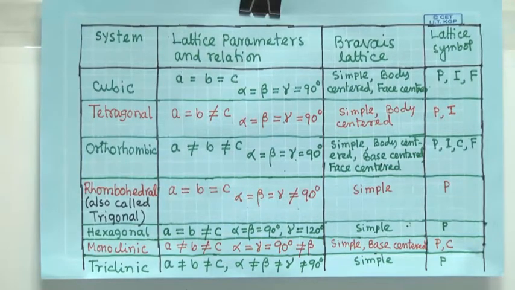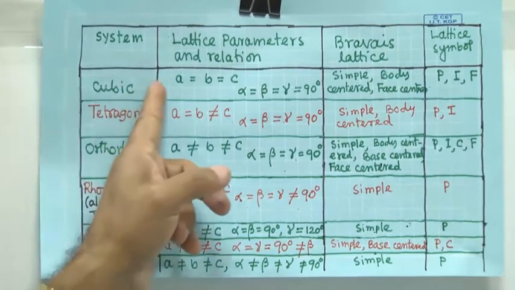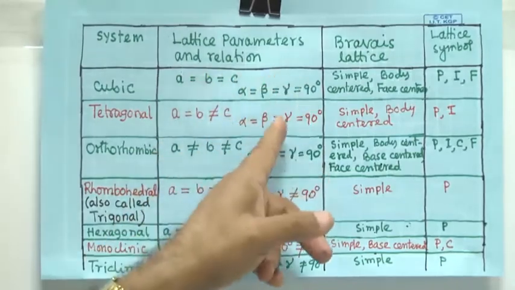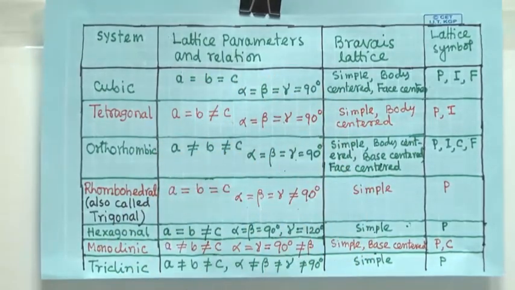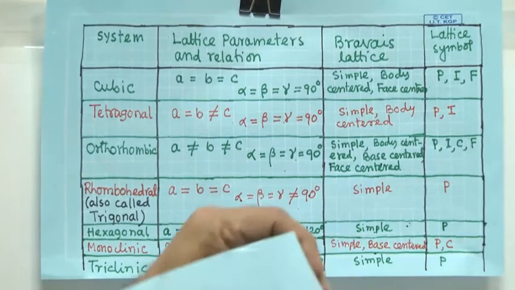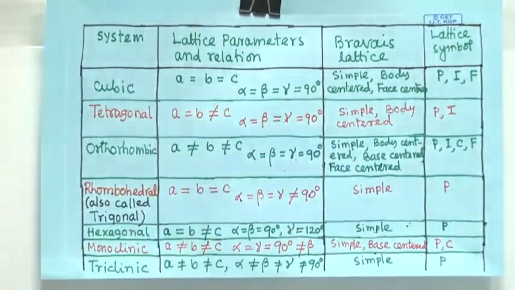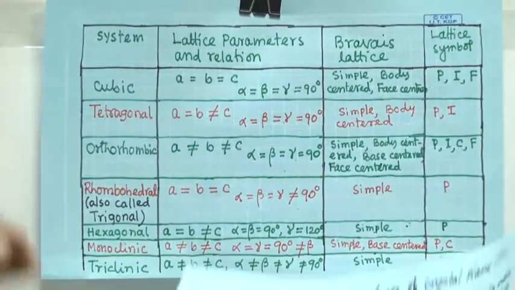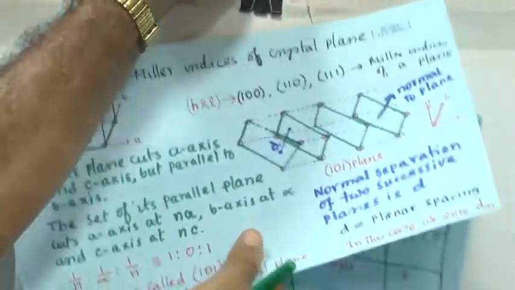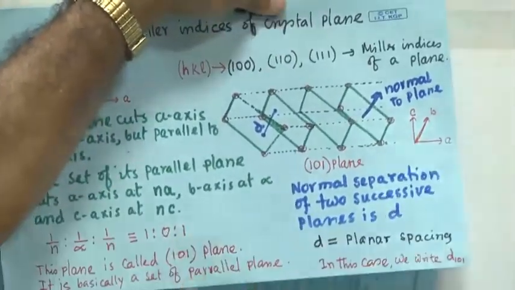Now that d value is equal to some relation of this a, b, c, the angles and the hkl Miller indices. So, let me tell you about the Miller indices. You know, but still let me tell you what the Miller indices are and how we have defined them.